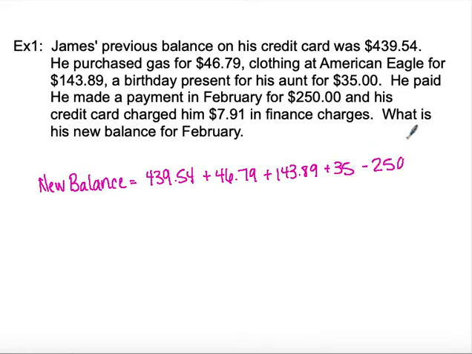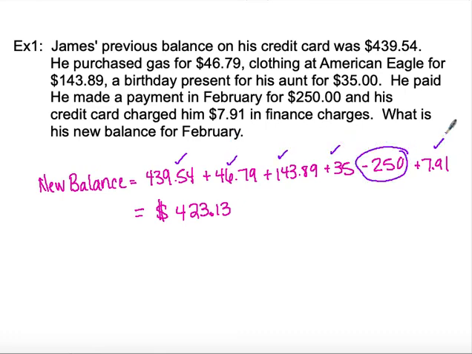So I'm going to take that $250 off, and we're going to add on that finance charge of $7.91. So when we calculate all of that out, the new balance on James' account should be $423.13. So it's just really important that you understand what gets added and what gets subtracted to the account and what the differences are.